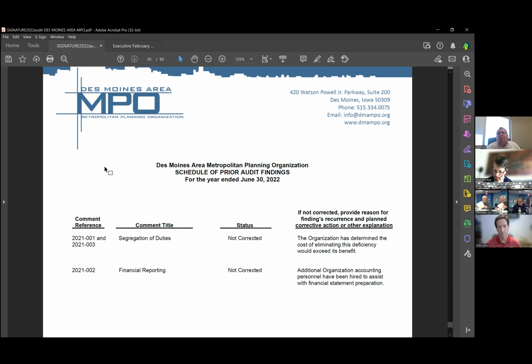I don't know how many signatures there are. All our checks require 2 signatures. Fantastic. That answers the question. Shall cause to be reviewed and approve all requests for payment subcontractors by the MPO. This is the treasurer's responsibilities. Shall cause to be prepared all reimbursement requests to state and federal funding agencies.